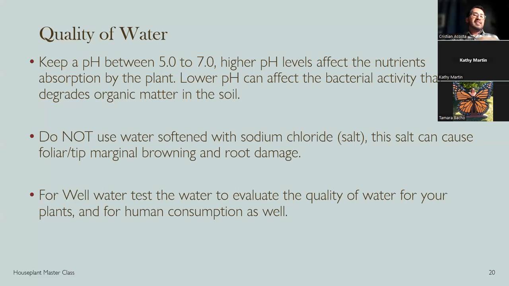When we are indoors, it's easy to just go and get some water and put it directly on our plants. But if we are using a water softener, that usually uses salt, sodium chloride, and that salt can damage your plants. The salt in the softener can be safe for us, but it's not safe for the plants.